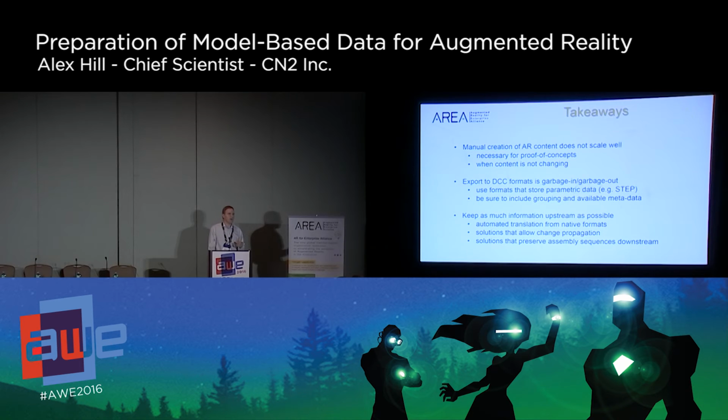Also, pay attention to ideas such as change propagation. Not all of the solution providers are going to make it easy for you to simply make a change to your engineering data and have those changes propagated.